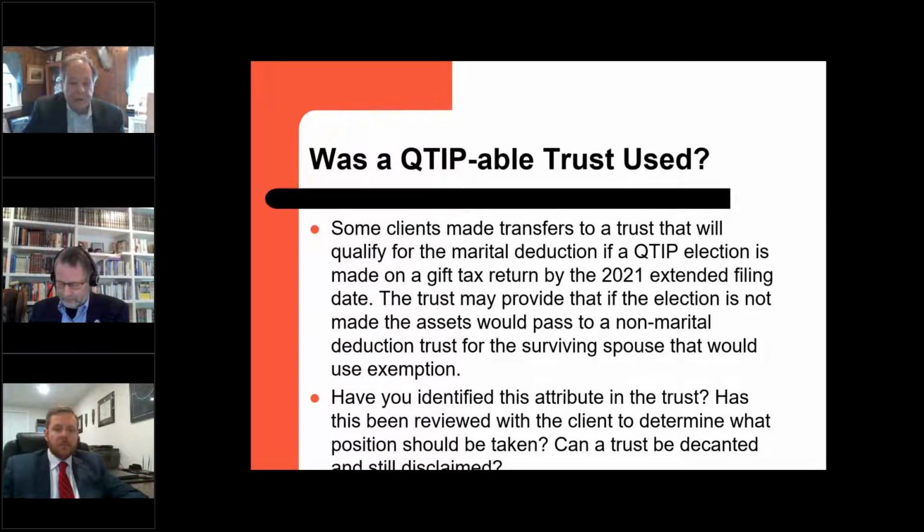Well, what I can do is, I'm not positive I want to use it. It might depend upon the value of the property. For example, let's say I make a gift to a Q-tippable type trust, and the value of it goes tremendously up in value from the date that I put it into the trust until the time that I have to determine whether or not it should qualify for marital deduction treatment, because that doesn't have to be done essentially until I file my gift tax return.